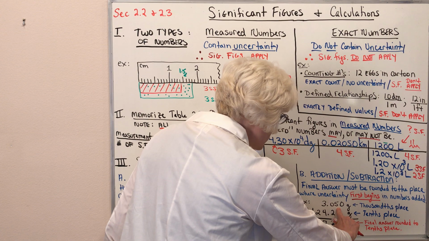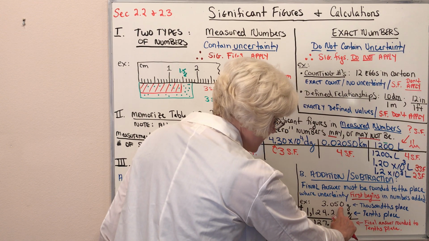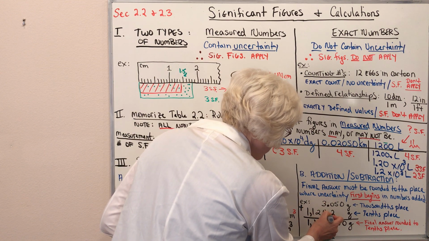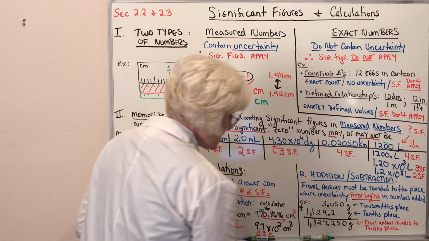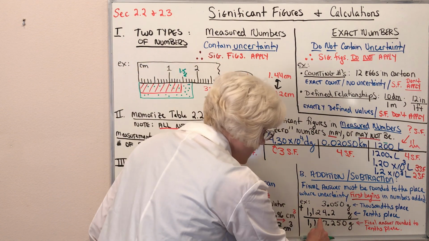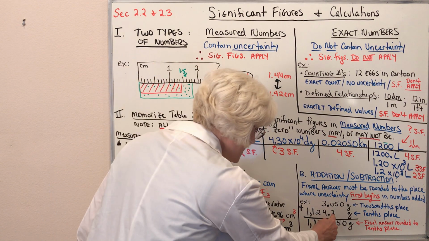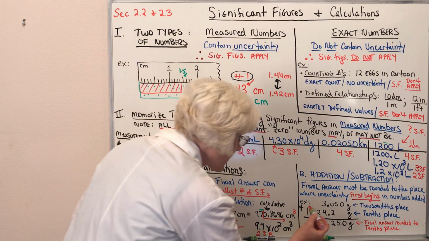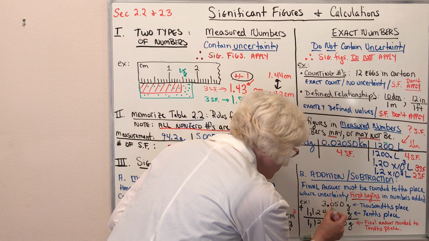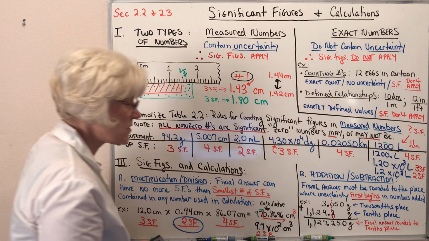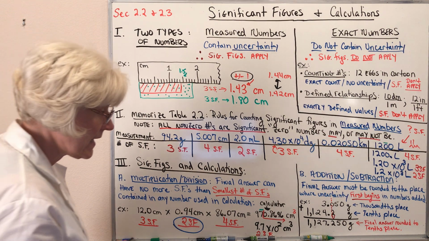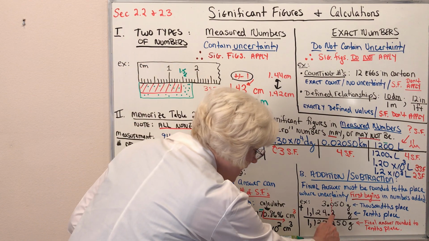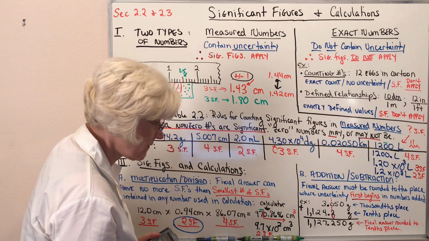So in our first value, uncertainty begins in the 1,000th place, making sure you see that decimal point clearly. In our second number, uncertainty begins in the 10th place. Our final answer has to be rounded to the 10th place. That's where uncertainty is first beginning in the measured values we are adding.